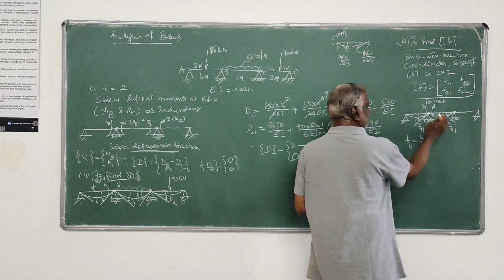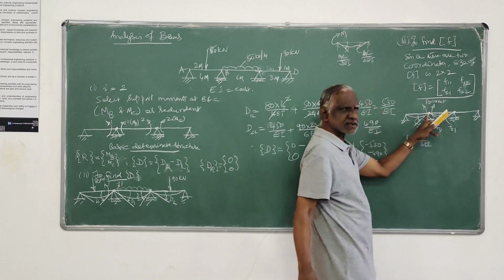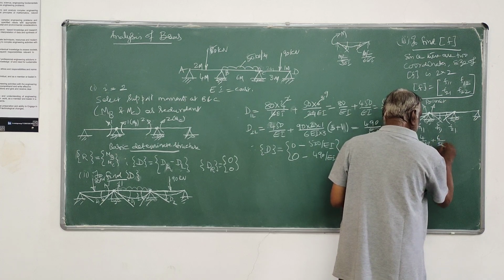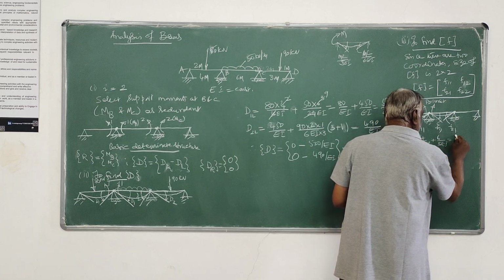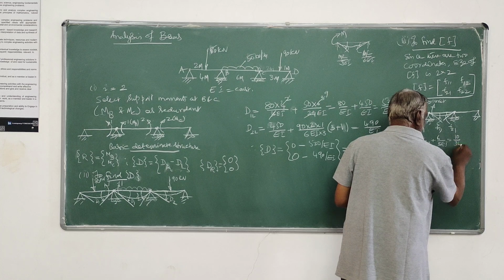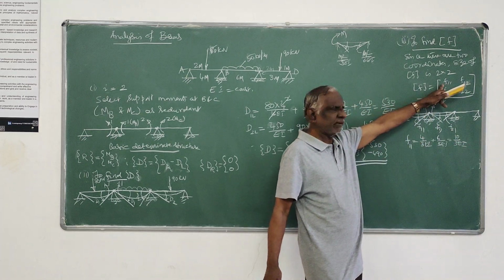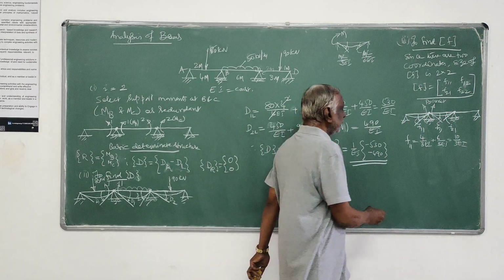Next, for this it is 6 meters, the span given, so it is 6 by 3EI. So this is 10 by 3EI. That is your first element of this flexibility matrix.